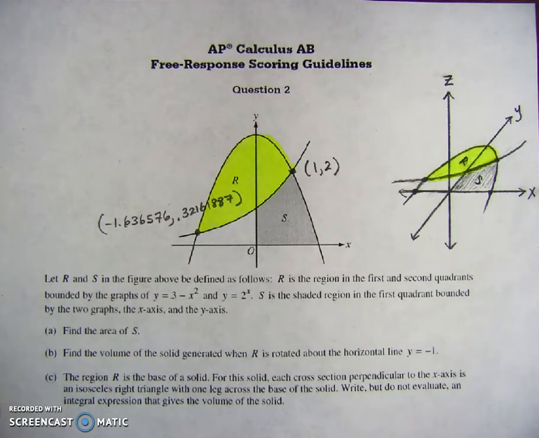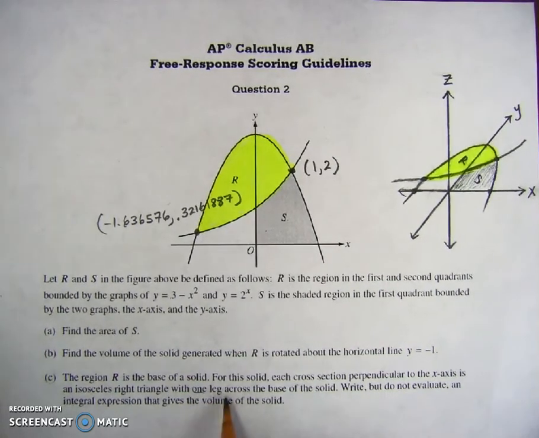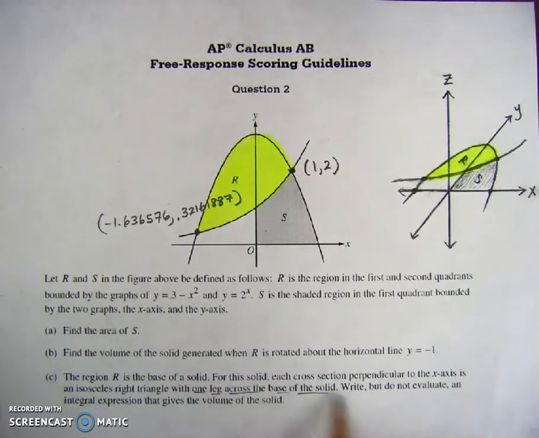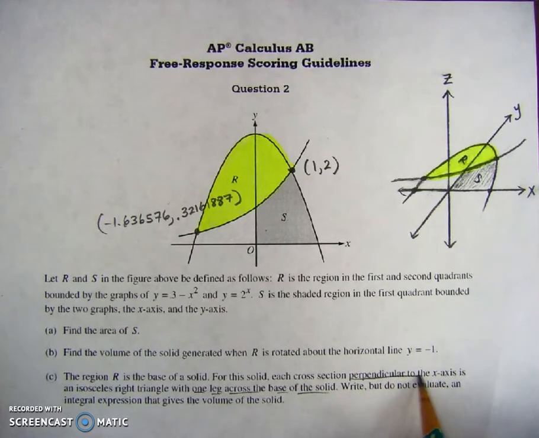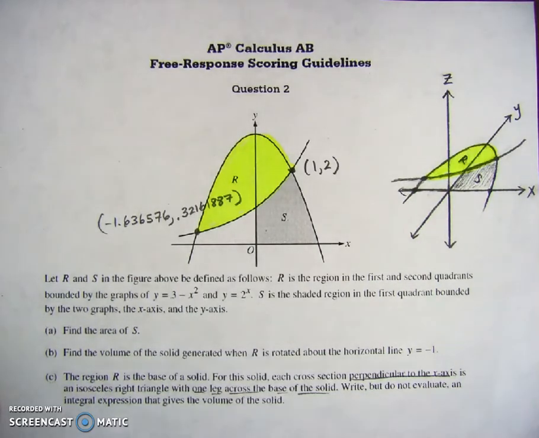For this solid, each cross section perpendicular to the x-axis is an isosceles right triangle with one leg across the base of the solid. Also, another thing to underline is that these cross sections are perpendicular to the x-axis. What you have to do is write, but not evaluate, an integral expression that gives the volume of the solid.